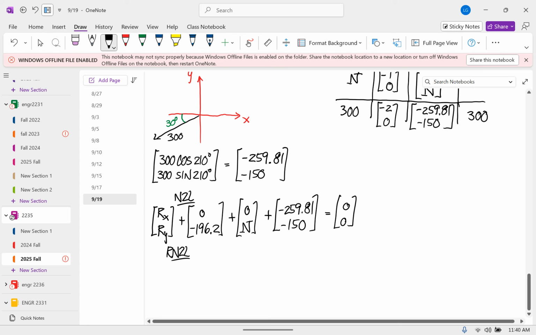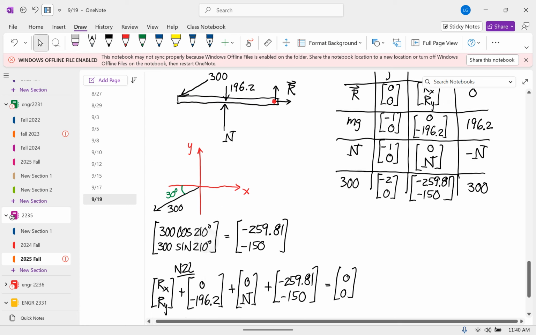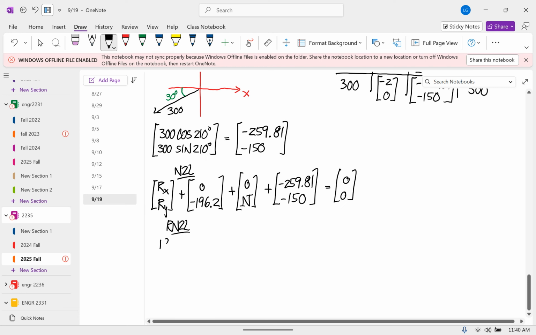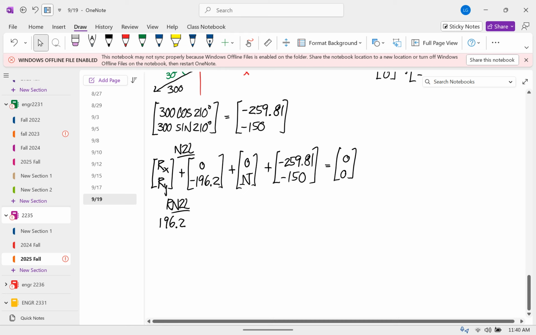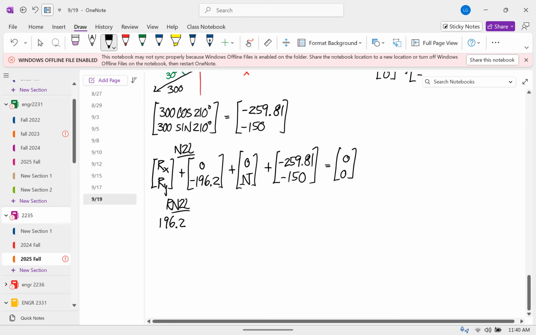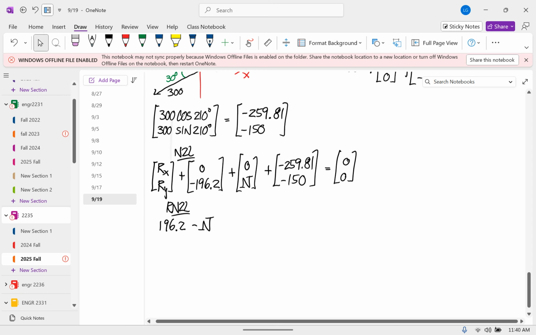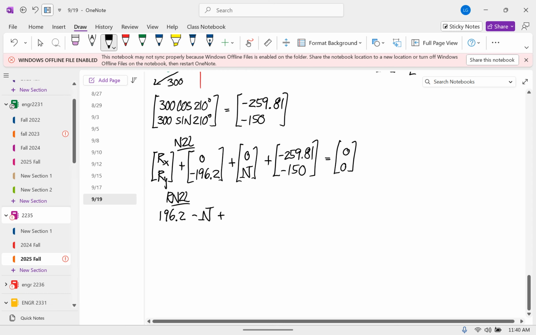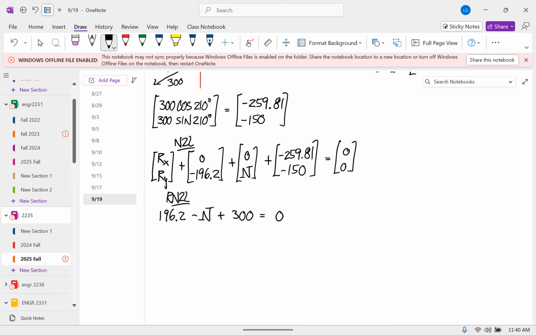Rotational Newton's second law says 196.2 minus N plus 300 is equal to 0.